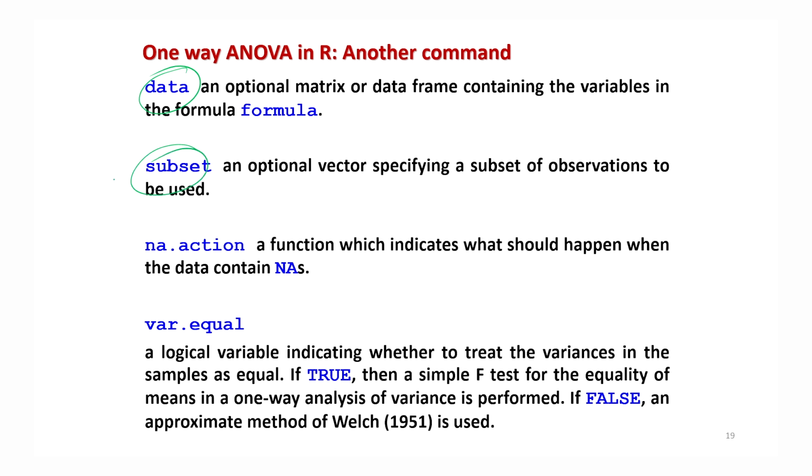Subset is another optional vector specifying the subset of observations to be used, and na.action is a function which indicates what should happen when the data has missing values NA. And var.equal indicates whether the variances are equal or not. This is a logical variable which can take the value true or false.